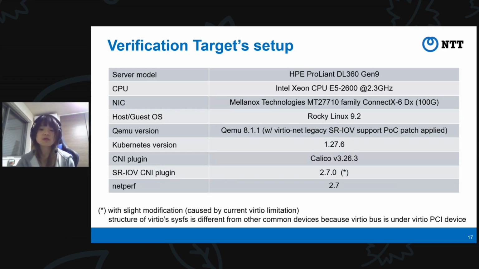We also used SR-IOV CNI plugin 2.7 with slight modification caused by a current virtio limitation. The structure of virtio sysfs is different from other common devices because the virtio bus is under the virtio PCI device.